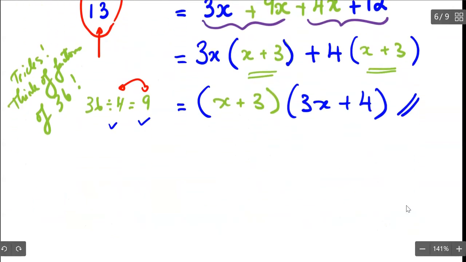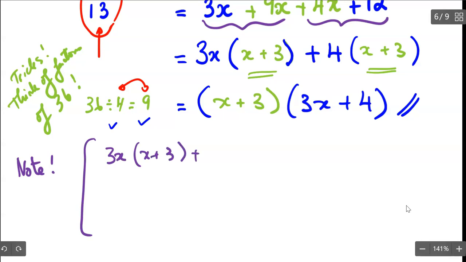Okay, so I want everyone to take a note here. Recall in the previous video, I showed everyone the basic concept behind factoring. Okay, so I will demonstrate it here. Right here I have 3x and x plus 3, and here I have x plus 3.